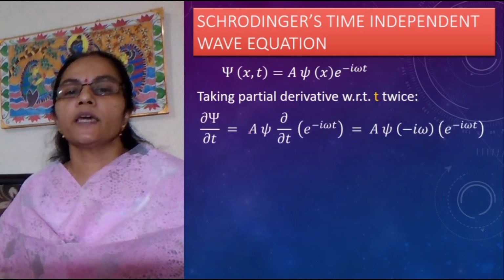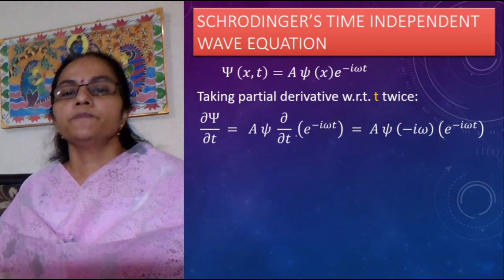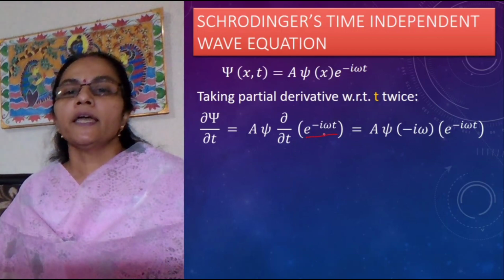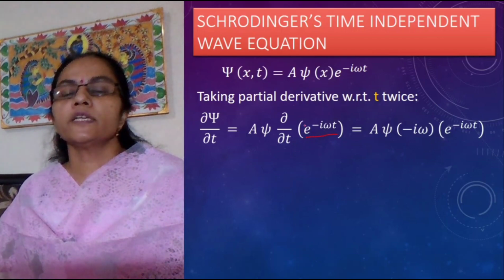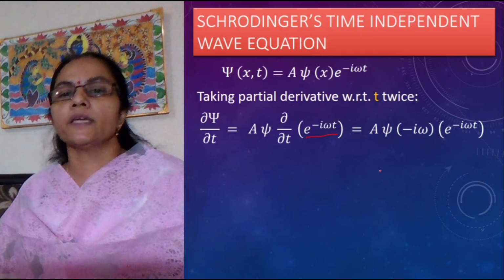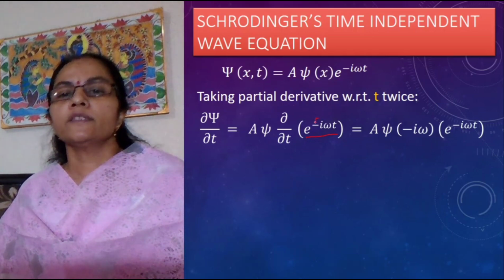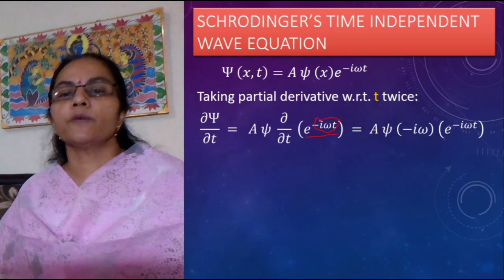So A psi I have taken out, and only the term e to the power minus i omega t remains inside the derivative. We all know the derivative of e to the power x is e to the power x, but here I can substitute minus i omega t as some variable y.